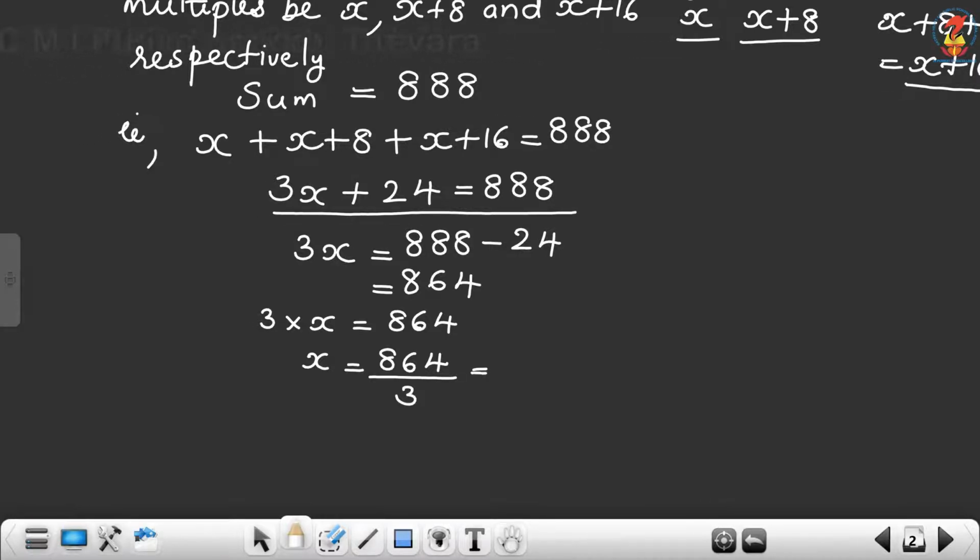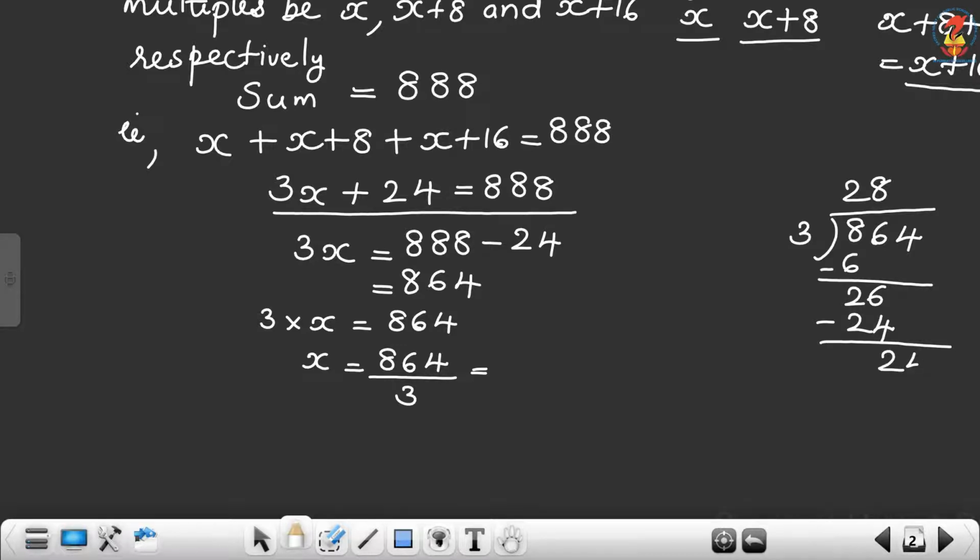What is 864 divided by 3? 2 threes are 6, then 26, eight threes are 24, then again remainder is 2, then bring 4 down. So 8 threes are 24. So the value of x is equal to 288.